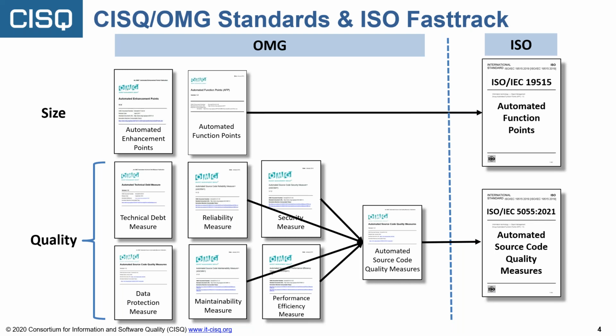That was submitted as a publicly available standard to ISO, and on March 30th it was approved as ISO IEC 5055. So those measures are now an international standard, and that's what I'm going to describe to you for the remainder of the webinar.